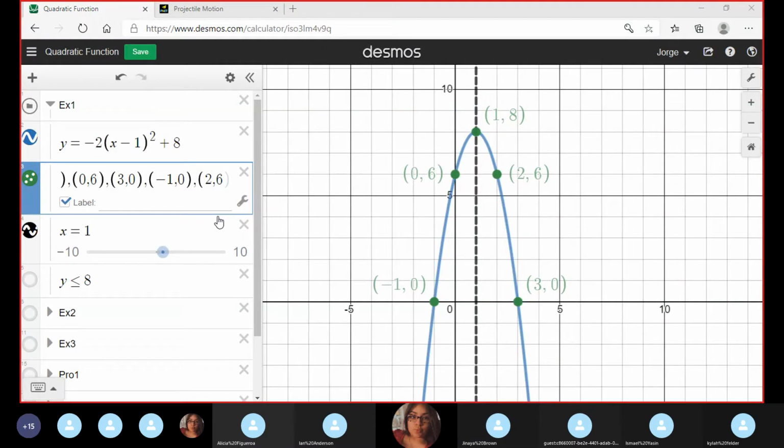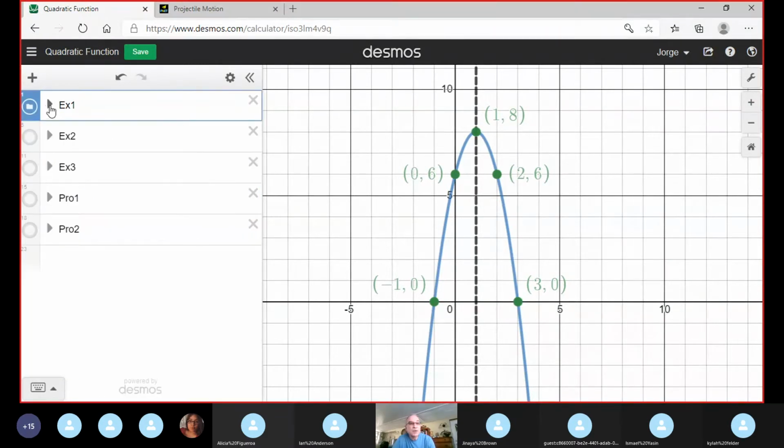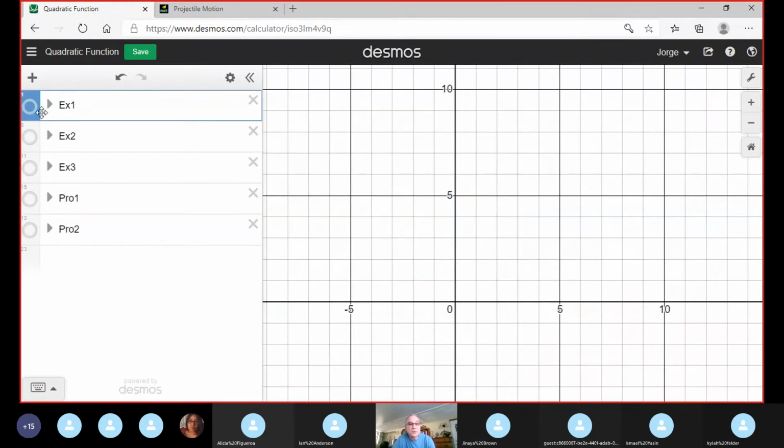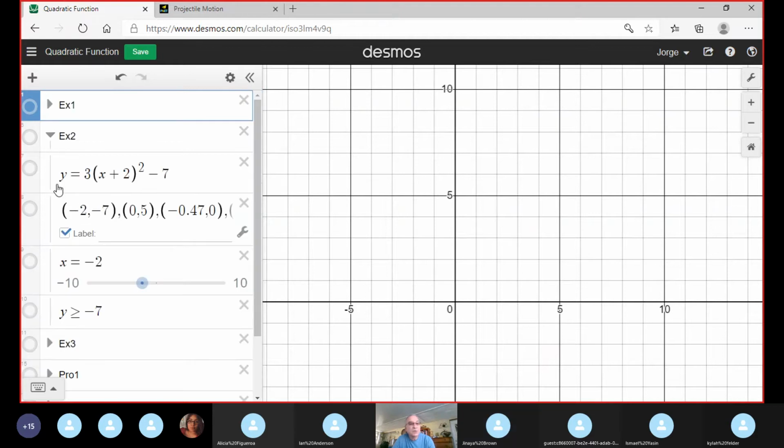Okay, that was the previous example 1. Now example 2. Do you see Desmos, right? Yes. I copy here in Desmos, in the vertex form.